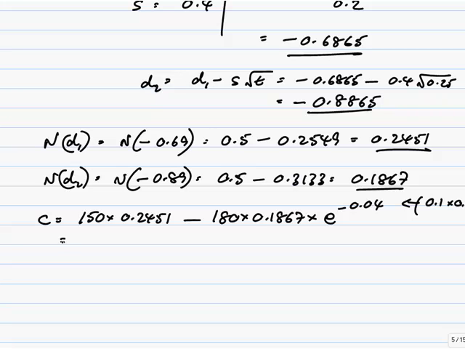Well, you should be good at this by now. Check. 150 times 0.2451 is, I'm doing in cents, so keep to the nearest cent, 37. Minus, if I do the e first, 0.04 negative, e to the power is 0.96 times 180 times 0.1867 minus 32. There is the value of a call option, 5 cents.